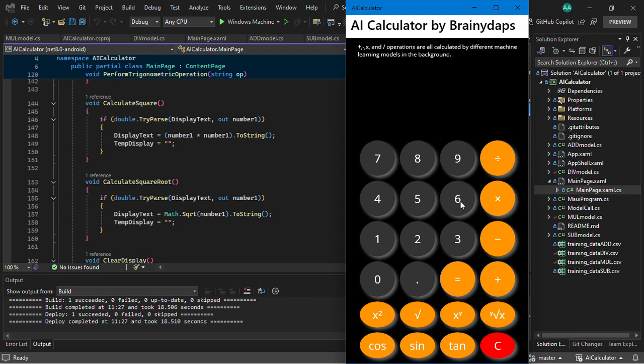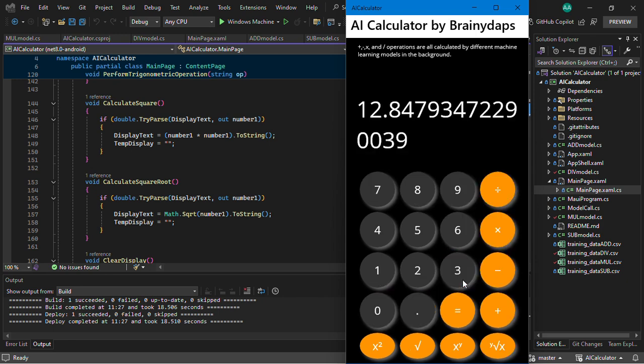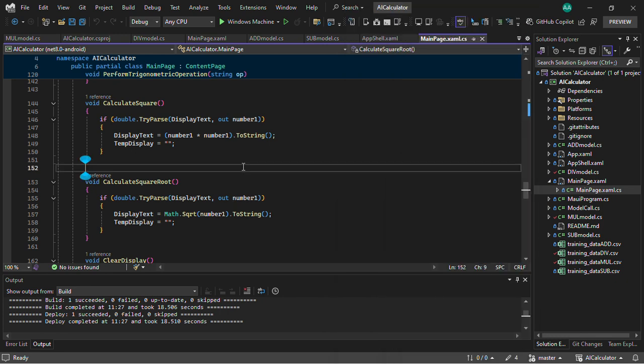Let's try something else. When I tried 60 divided by 3, you can see that this is a little bit off. Some of the results are off, some of the results are not so good. So let's see what's happening.